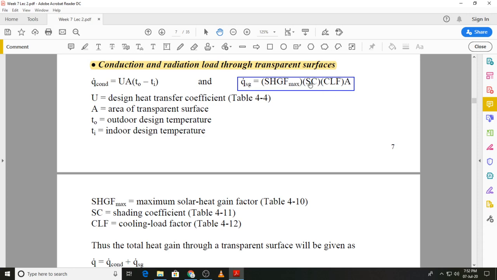That is, the first three factors are obtained from tables, and the total rate of heat transfer through this transparent surface will be the sum of the conductive heat gain and the solar gain.